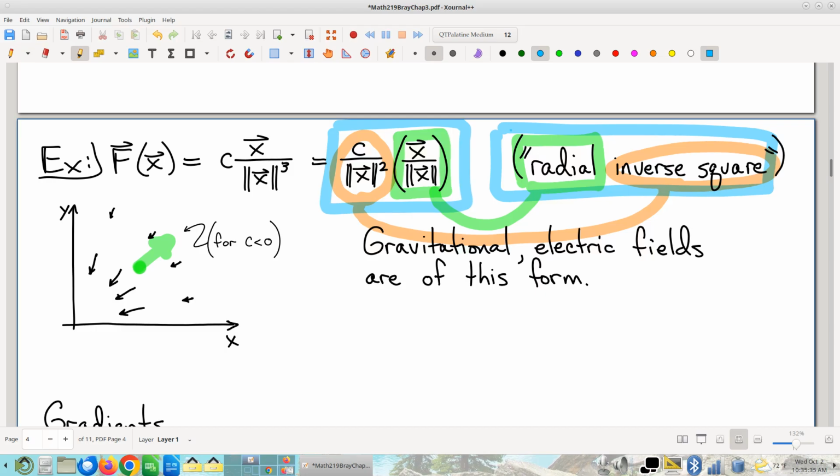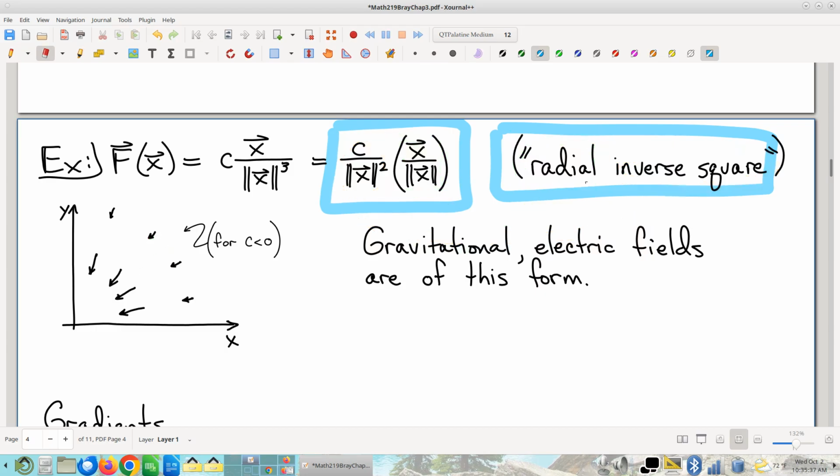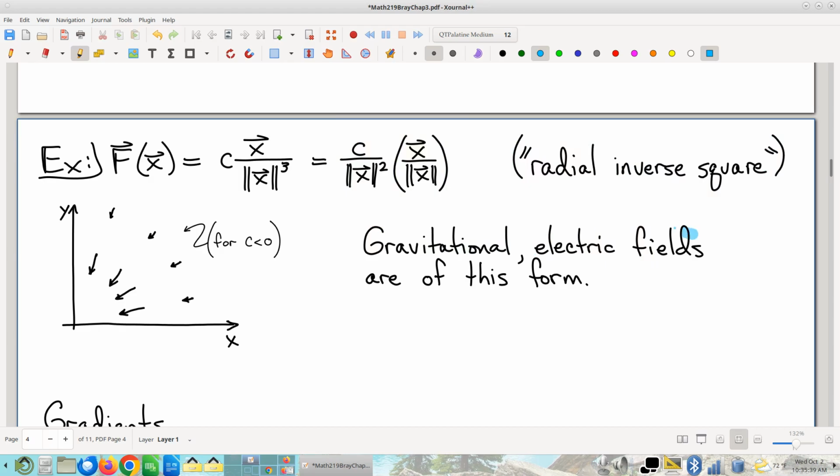Because radial inverse square vector fields represent, for example, electric fields. And an electric field is another physical phenomenon. It's not the flow of a fluid, but it is a thing which at a given point has a direction and a magnitude, namely a vector representing what the electric field is doing at that location.